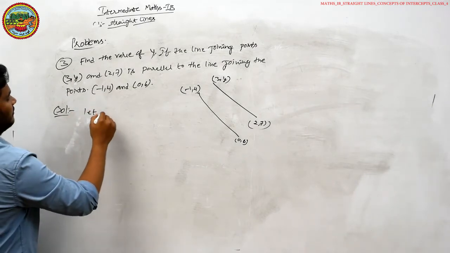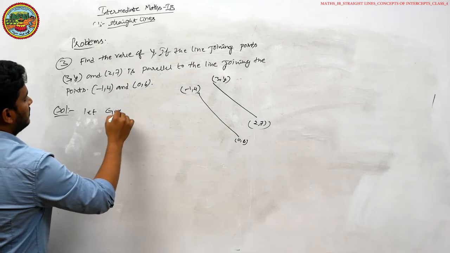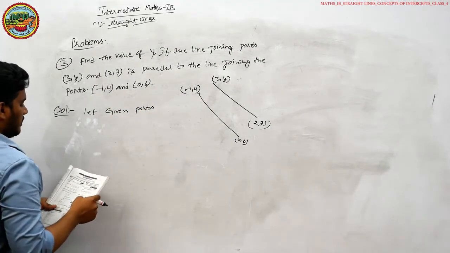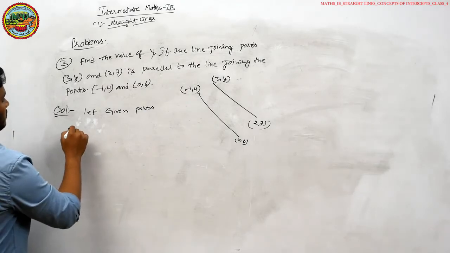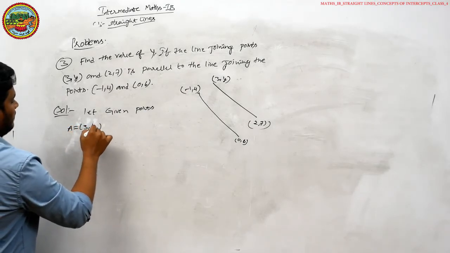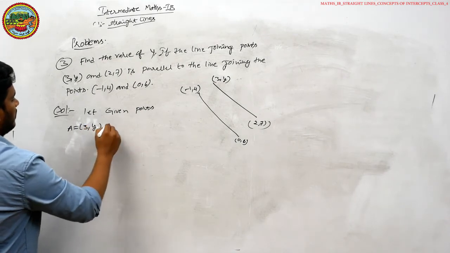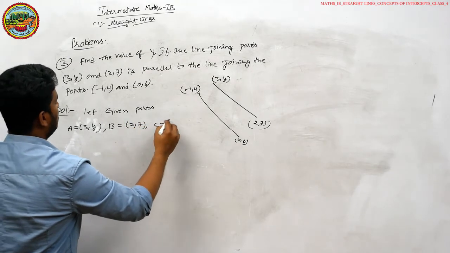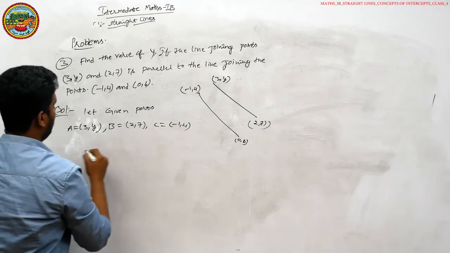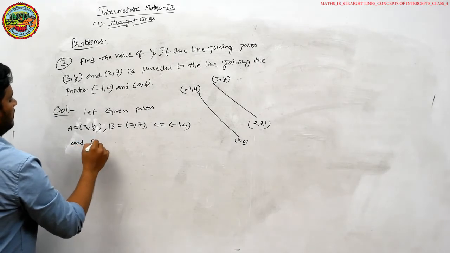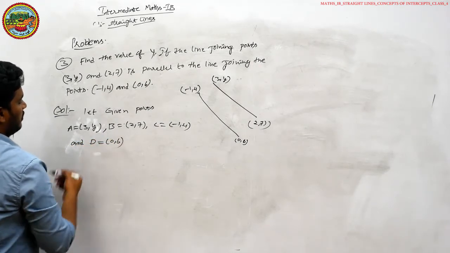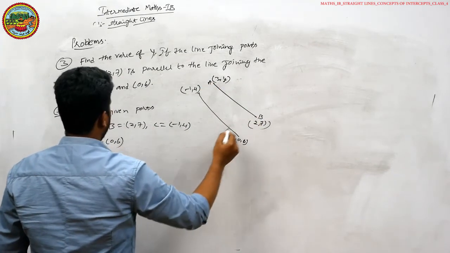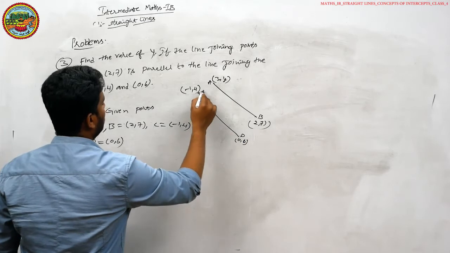Let the given points be A = (3, y), B = (2, 7), C = (-1, 4) and D = (0, 6).